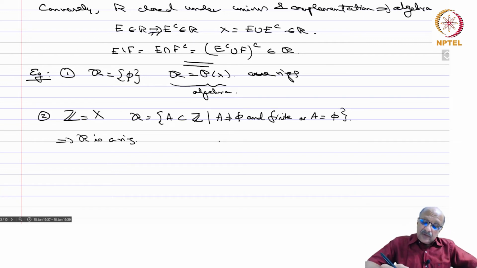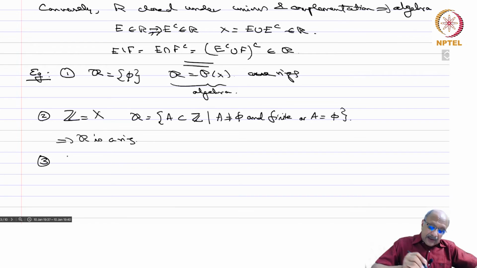That's because you either have empty set or you have a finite non-empty subset. So if you take two finite non-empty subsets, their union is again finite, and therefore it is closed under unions. And if you take the difference of two finite subsets, well, it may be either empty, which is already there, or it will be a subset of E, which is already finite. So it's going to be a finite set, and therefore will belong to R. So this is very trivial again, but it's a good example.